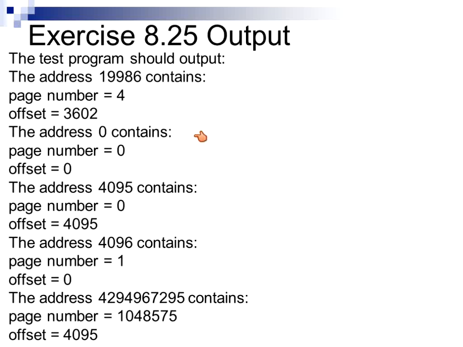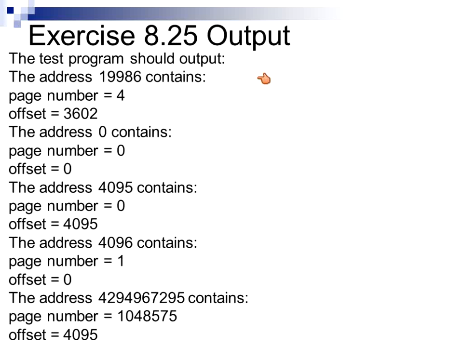So what we wanted to do in this problem is pretty much take any address and convert it into that page number and offset. Now there were actually 2 ways of doing this. When I first looked at this problem, I said, okay, the address is 19,986.